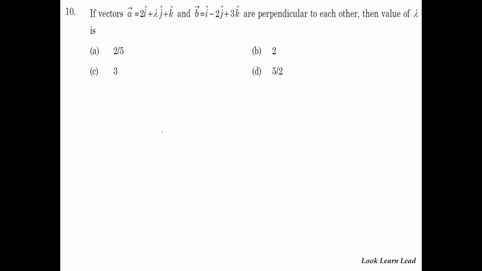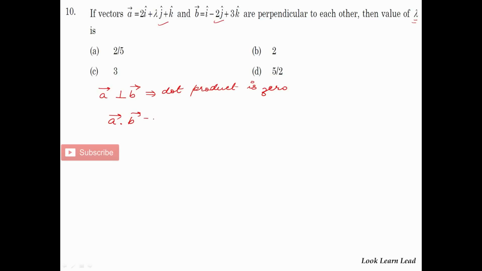Okay, this is our last question. If we have two vectors A and B, and they are perpendicular to each other, we have to find the value of lambda. If two vectors are perpendicular, we can write vector A is perpendicular to vector B. This is a property you have to remember: their dot product is 0. So we calculate A dot B, which should be equal to 0.